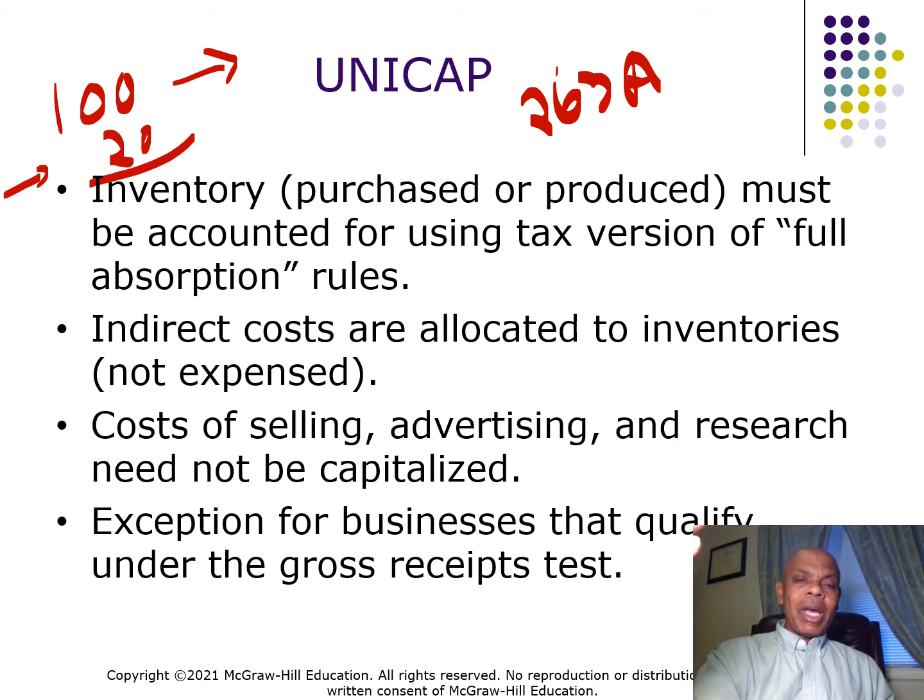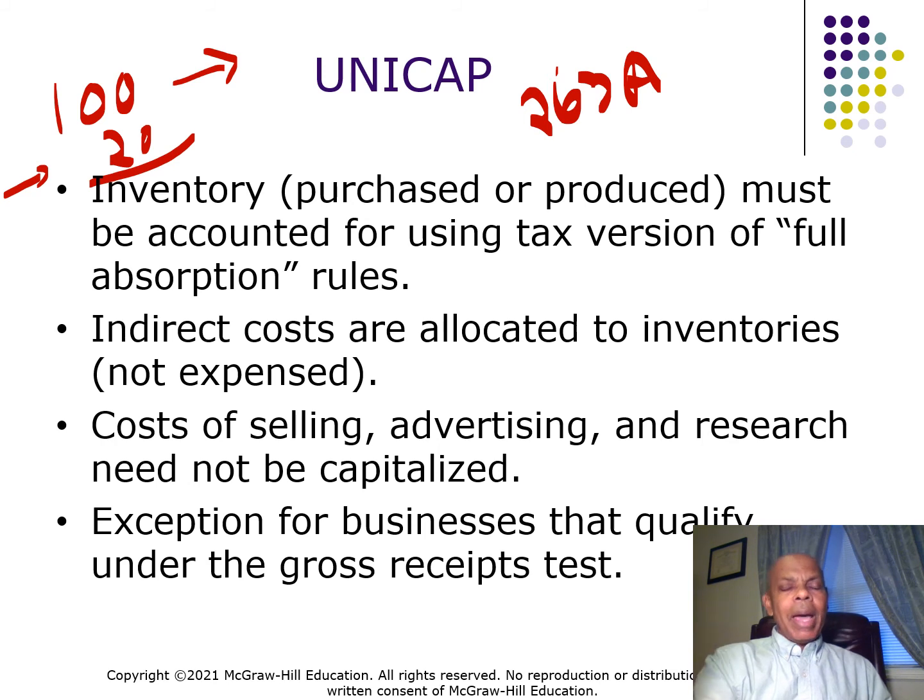Okay, so what's going to happen? There is an adjustment. Now, if you don't do that, the IRS requires you to do it. That's an adjustment when you do UNICAP. As a taxpayer, you increase the inventory value, thereby increasing the ending inventory. When you have a higher ending inventory, again, as I said, if you remember accounting 101, 102, whatever it is, even intermediate level, a higher ending inventory means you have a lower cost of sales, thereby higher taxable income.